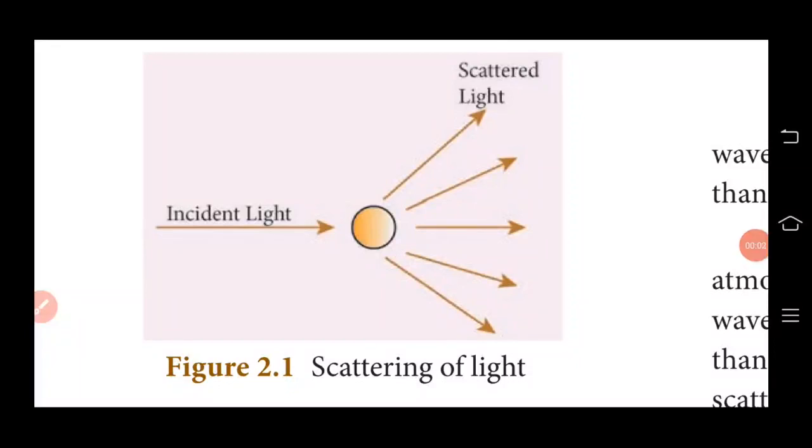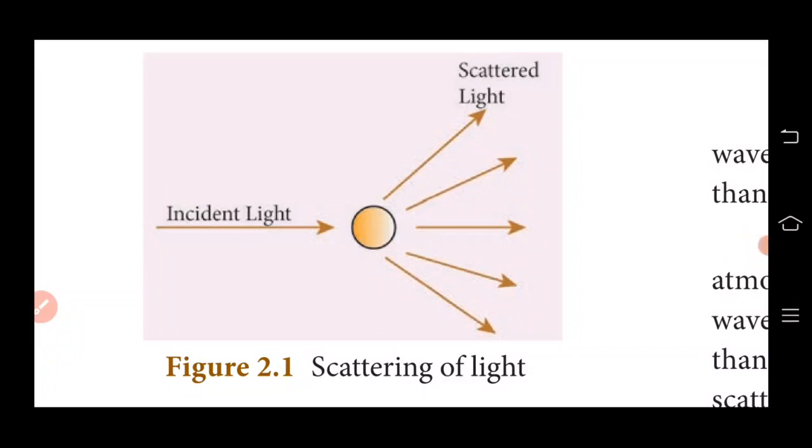Students, this is the picture to show scattering of light. See in this picture, the incident light, which is sunlight, enters the atoms and molecules of different gases present in the atmosphere, and they refract the light in all possible directions.